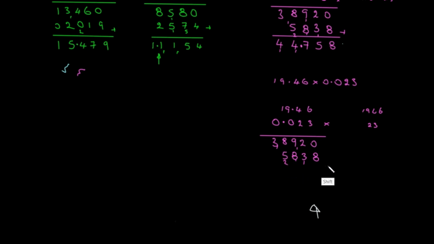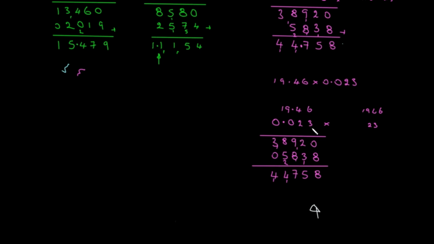Just add up the numbers that we've got. 8 plus nothing is 8. That's annoying. 3 plus 2 is 5. 8 plus 9 is 17. Carry the 1. 8 plus 5 is 13, 14. Carry the 1. Consider it as 0 there. 0 plus 3 is 3 plus 1 is 4.